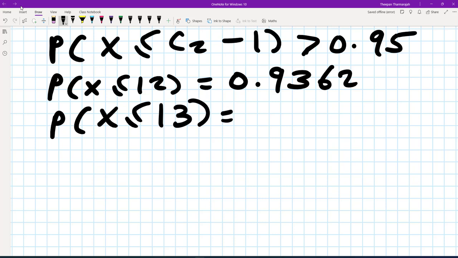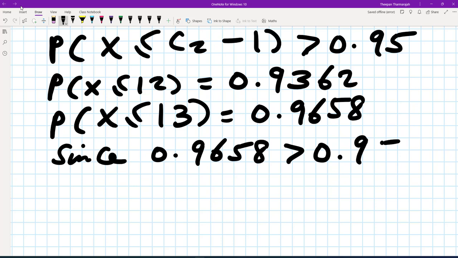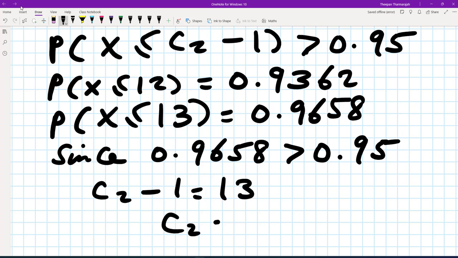And that's going to give me 0.9658. Well, that's strictly greater than 0.95. So since 0.9658 is strictly greater than 0.95, we can then say that C2 minus 1 is 13, C2 is 14.